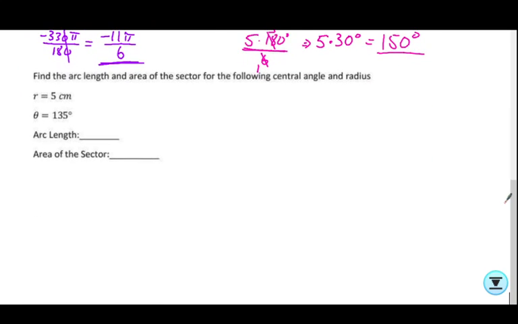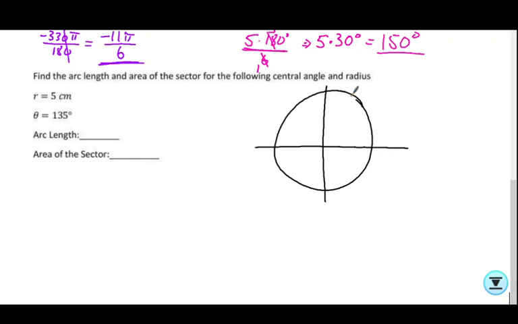All right, the last part. Find the arc length and area of the sector for the following central angle and radius. So they've given us a radius of 5 centimeters and given us theta as 135 degrees. So often what I like to do is draw a picture of what we're dealing with. So we have a central angle, which means we have a circle. Our angle, this right here, is 135 degrees.